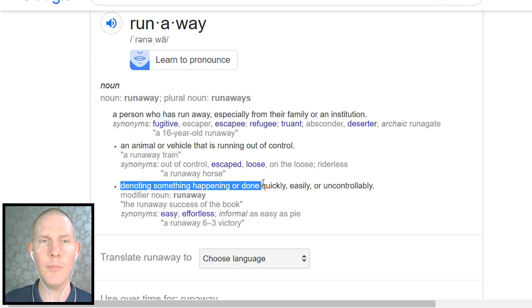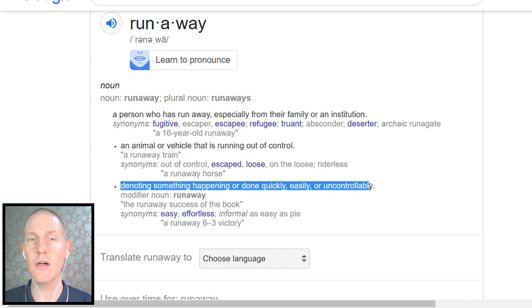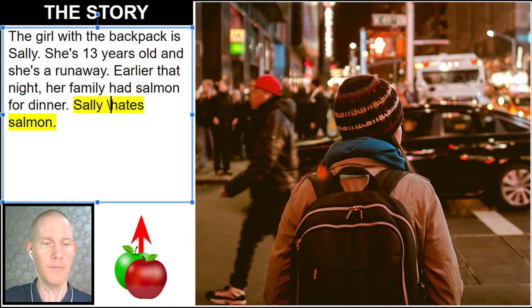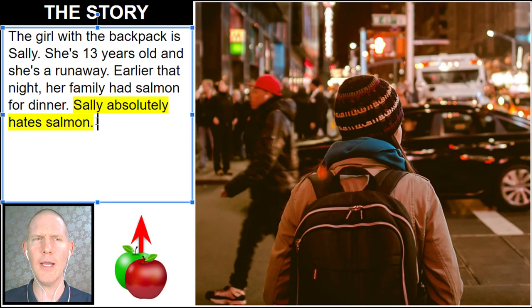Denoting something happening or done quickly, easily, or uncontrollably. It's kind of a trip, right? But it's a trip probably not under good conditions because you're leaving because you feel that you're forced to leave. You don't want to stay around anymore. Alright? Okay, so Sally absolutely hates salmon.